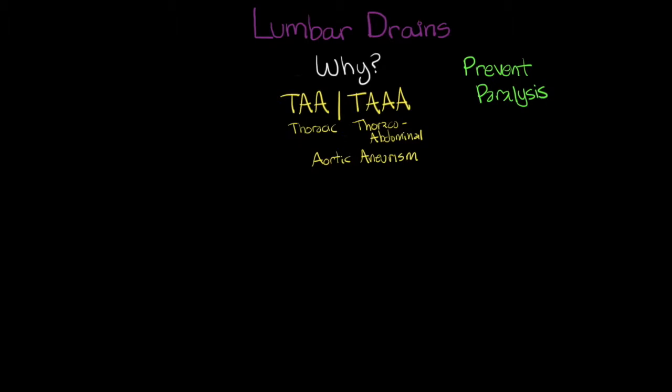And the reason that we're so concerned about this is it really is a major complication of having the aneurysm repair surgery. Whether you're having the open surgery, depending which literature you're looking at, there's anywhere from 10 to 40% incidence rate of paralysis or neurological complications post-op.